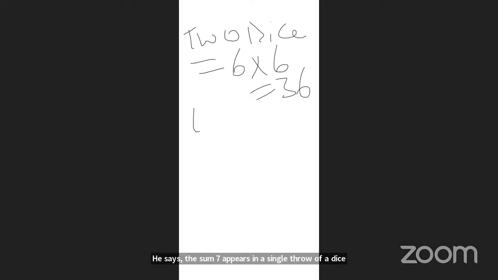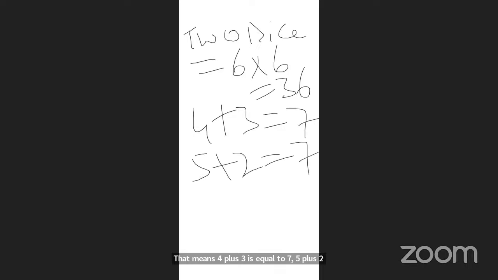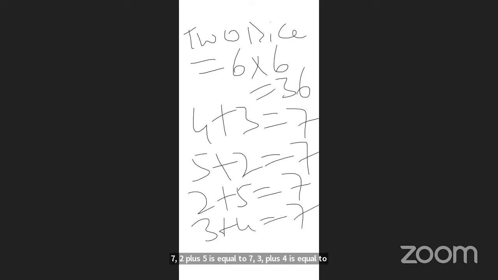That means 4 plus 3 is equal to 7. 5 plus 2 is equal to 7. 2 plus 5 is equal to 7. 3 plus 4 is equal to 7. Now 1 plus 6 is equal to 7. 6 plus 1 is equal to 7.